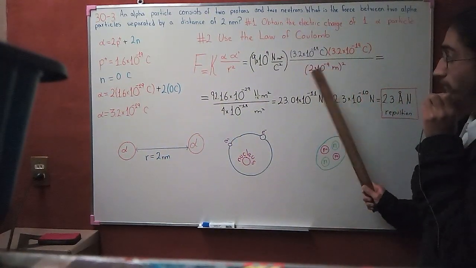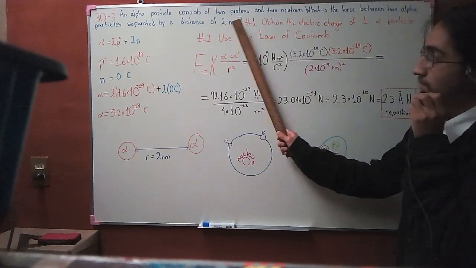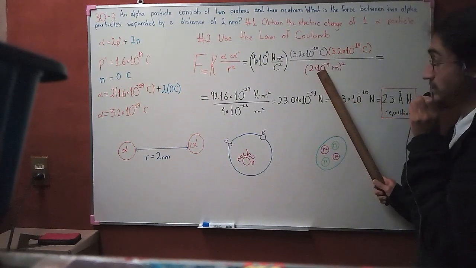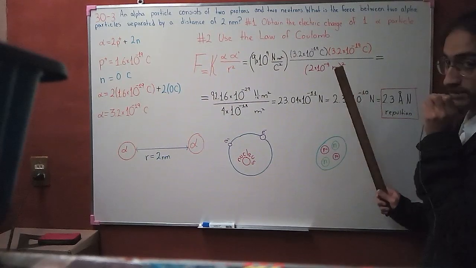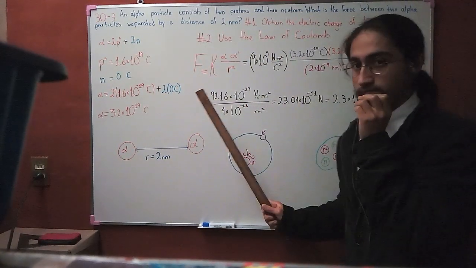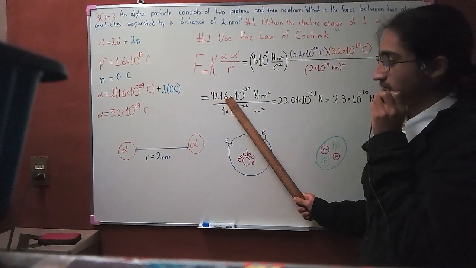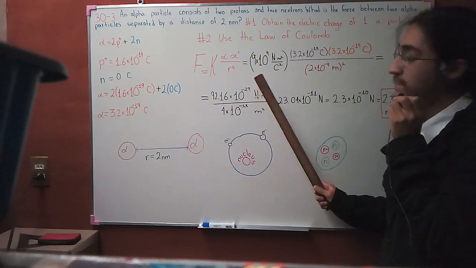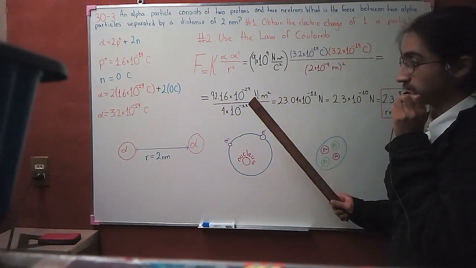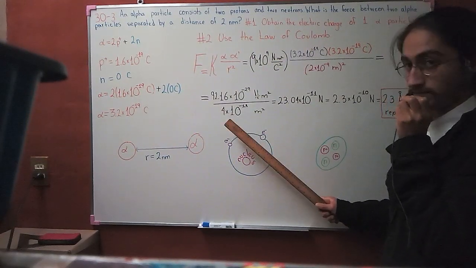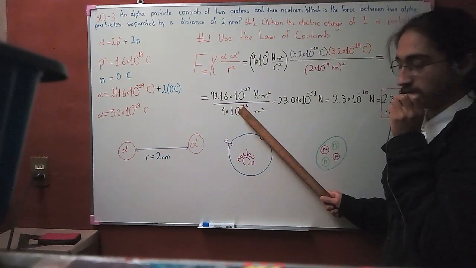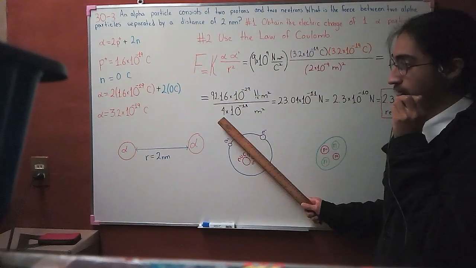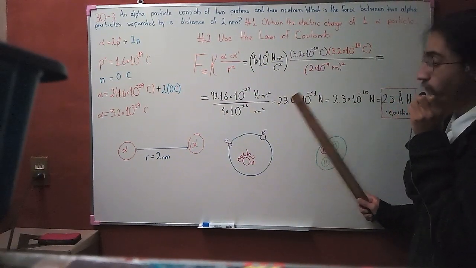This distance is 2 nanometers, but nano is equal to 10 raised to the power of negative 9 meters, squared. It's equal to 92.16 times 10 raised to the power of negative 29 newtons meter squared divided by 2 times 10 raised to the power of negative 18 meters squared. 92.16 divided by 4 is equal to 23.04.